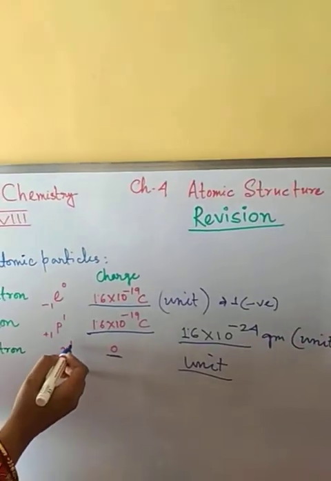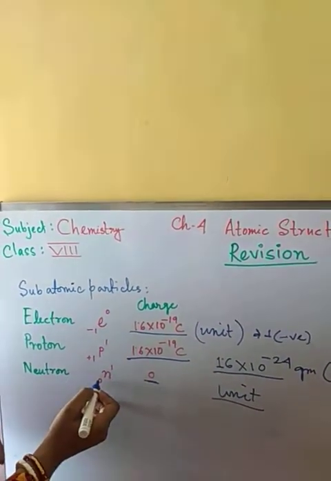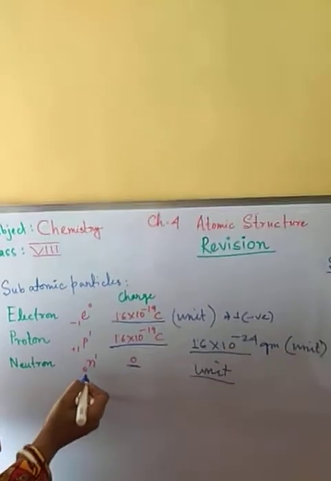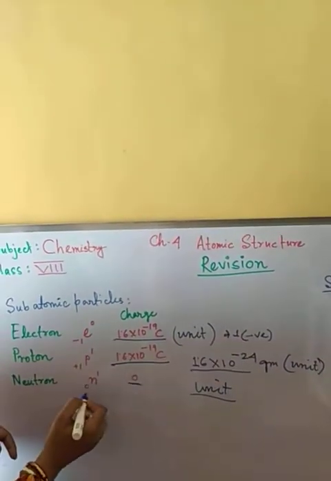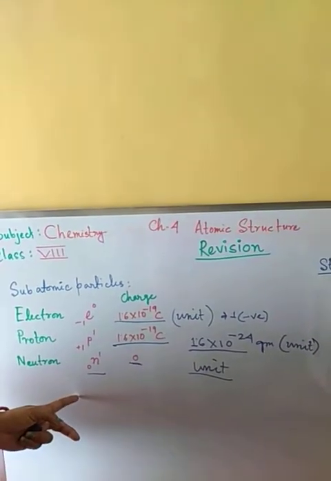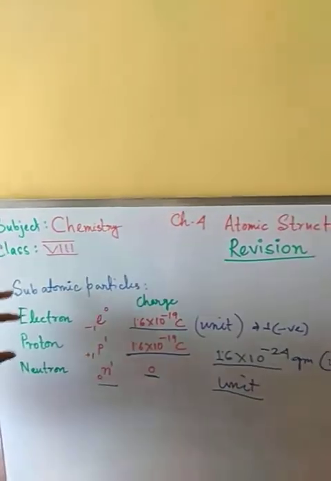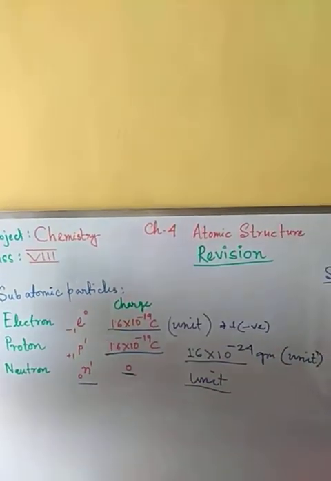So N1, this is for the mass of neutron, and 0, this is for the charge of neutron. So these are the three subatomic particles which were discovered by the scientists.